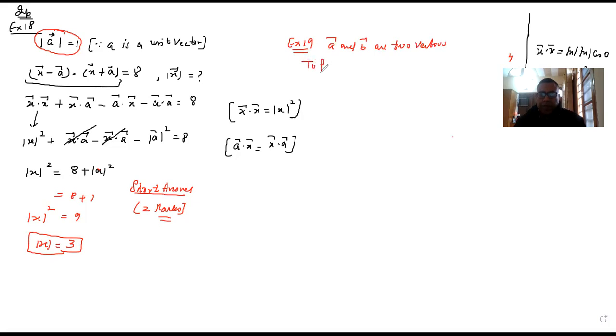To prove: mod of A dot B is less than or equal to magnitude of A times magnitude of B. Now, solution. We know that A dot B is equal to magnitude of A times magnitude of B cos theta.